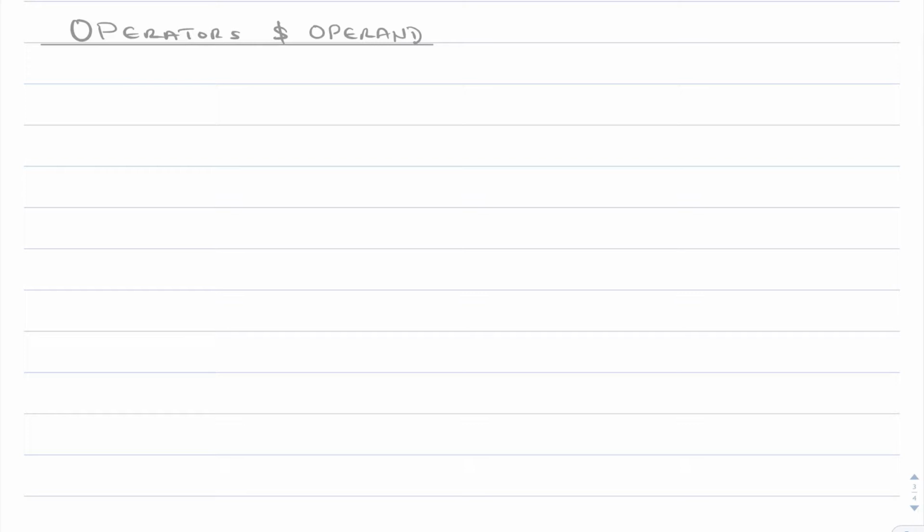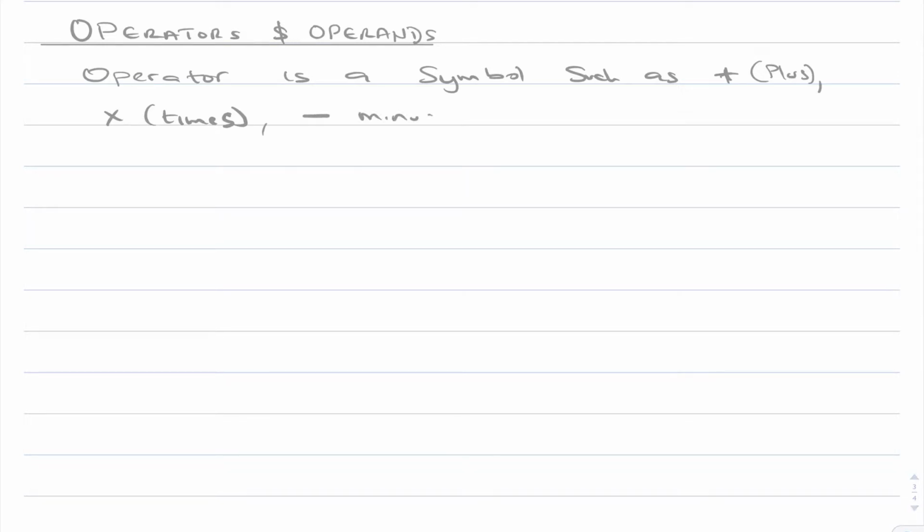Operators and operands. An operator is a symbol such as plus, times, minus, divide, and so on.